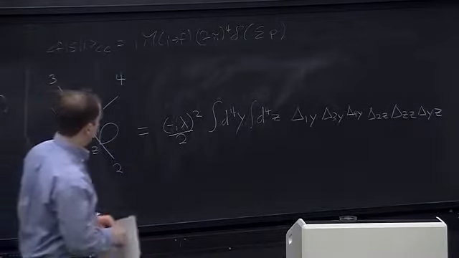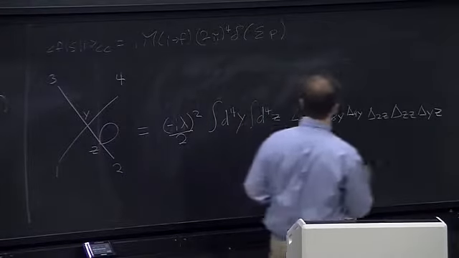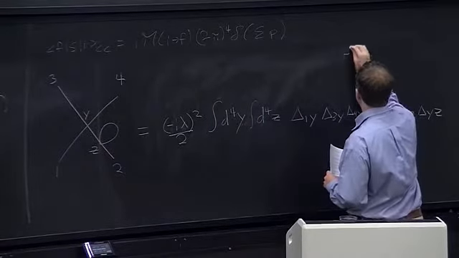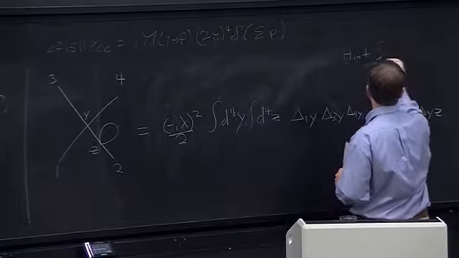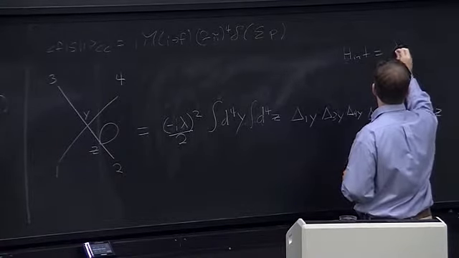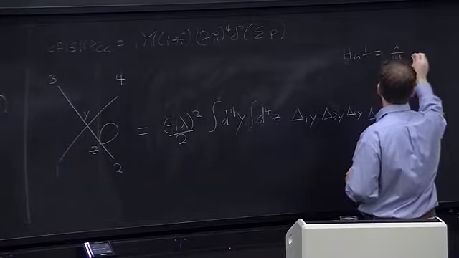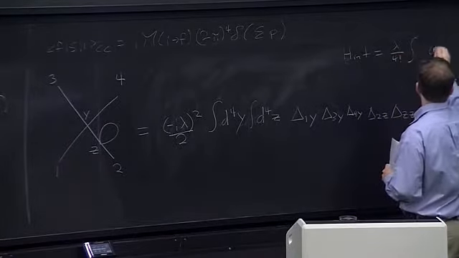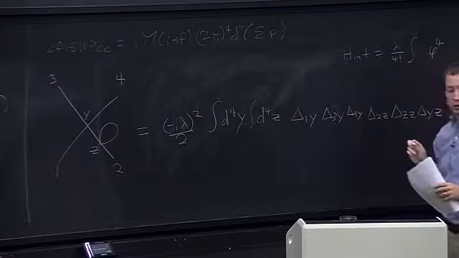And so our interaction Hamiltonian was the integral of lambda over 4 factorial times phi to the fourth.